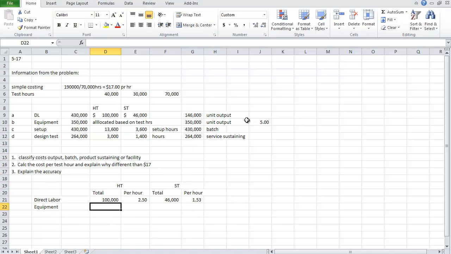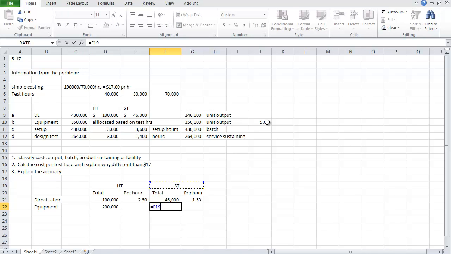So let's go then take this equipment. Now the equipment tells us that we were going to have 40,000 hours on the heat test, so we're going to take 40,000 times the $5 that we calculated. That gives us $200,000 in cost.